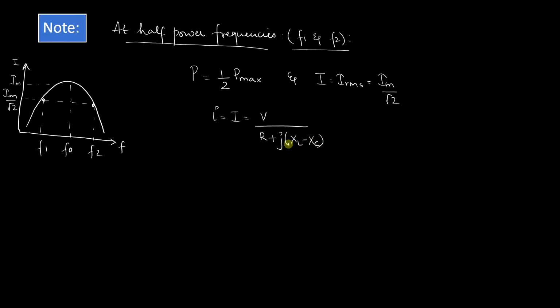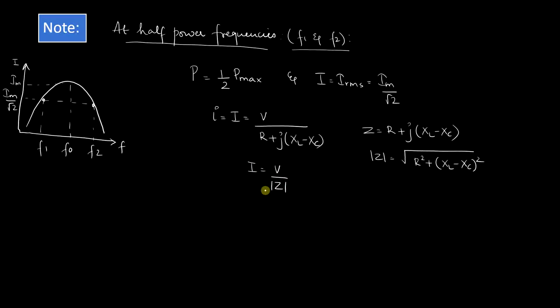Correct? If I'm considering only the magnitude of this impedance, where Z is equal to R plus j(XL minus XC), the magnitude will be equal to the square root of R square plus (XL minus XC) the whole square. So I can write I equal to V by magnitude of Z.